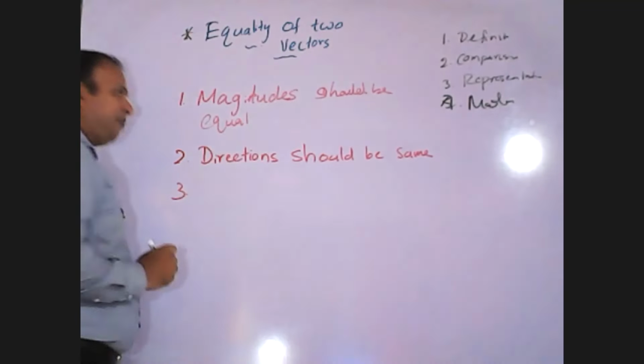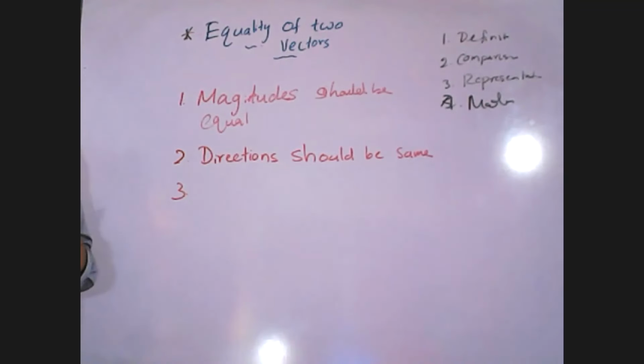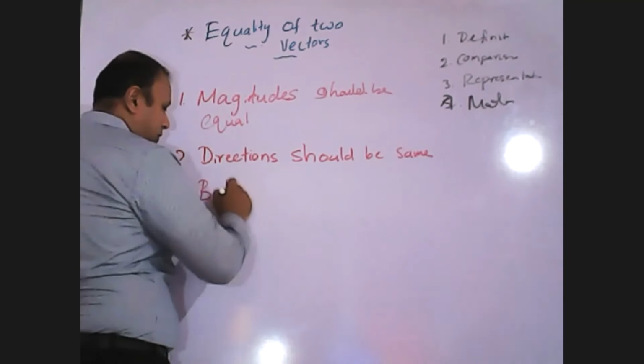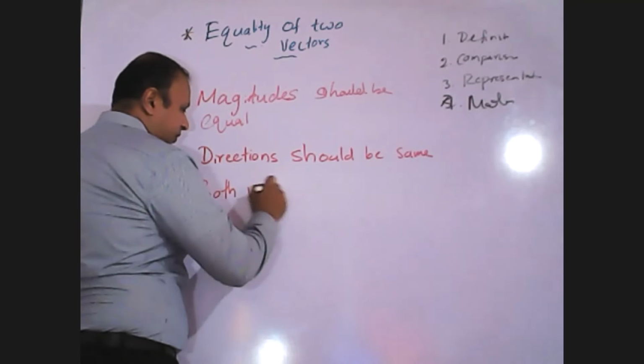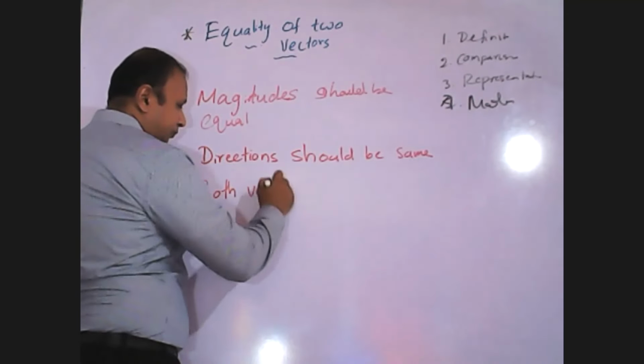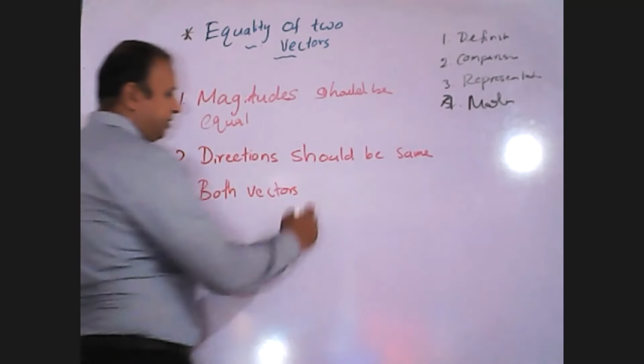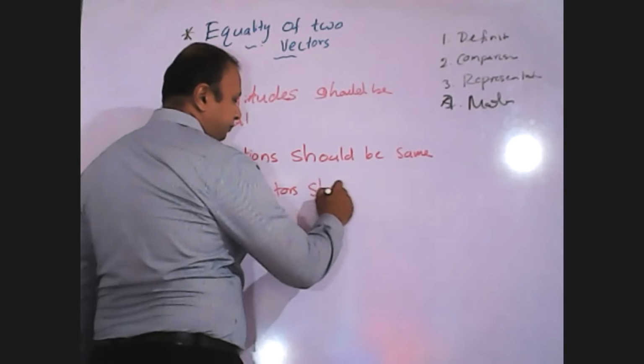The third and most important thing is both vectors should represent the same physical quantity.